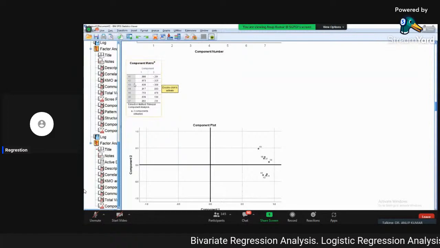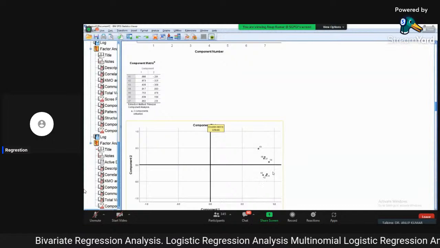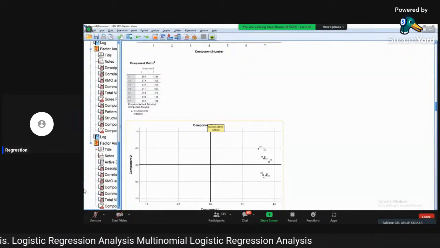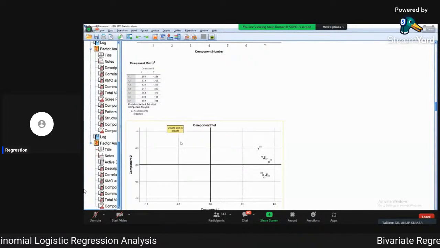And in the scree plot also you can see that they are very close to each other. In such a case, there is no need to go for the rotation.